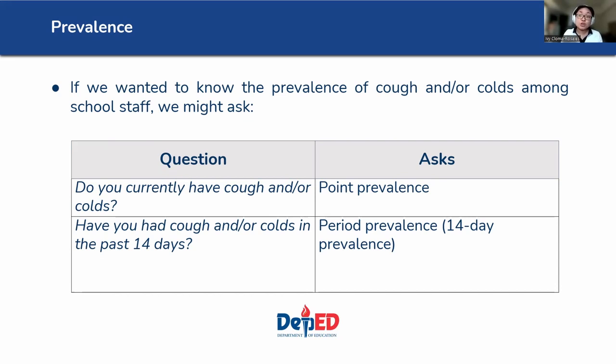If you ask, do you currently have cough and colds? Then you're asking point prevalence. But if you ask, have you had cough and colds in the past 14 days? Then you are referring to a period prevalence. They may not have cough and colds right now, but maybe they had it last week. So that is a 14-day period prevalence that you are asking for. Okay, so that's for prevalence.